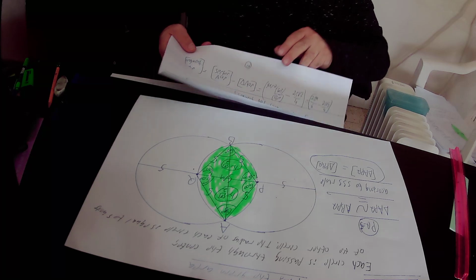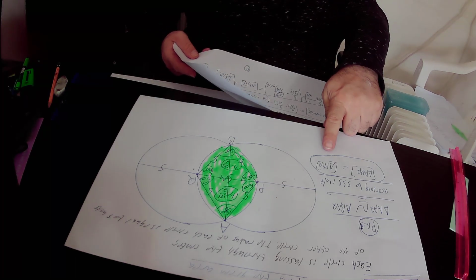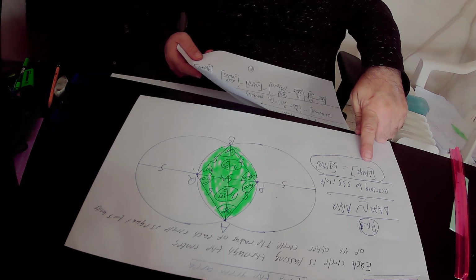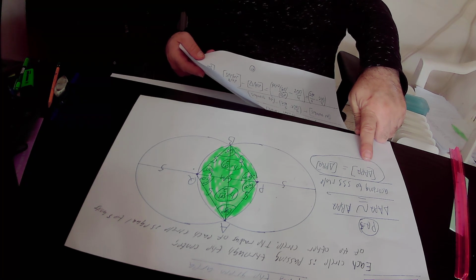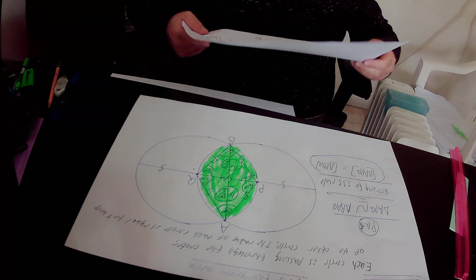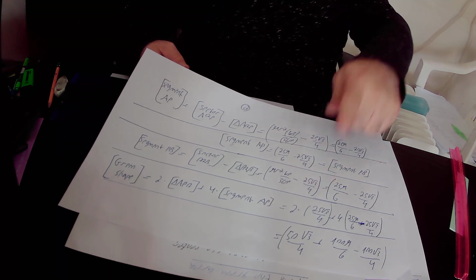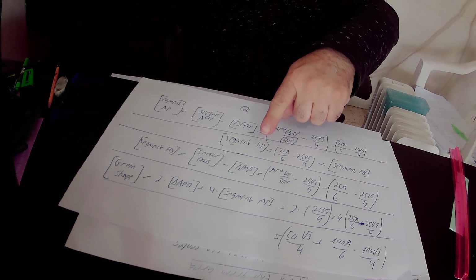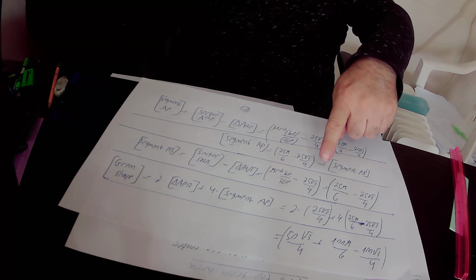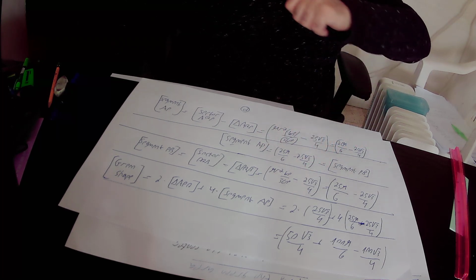We have already found out that the area of triangle PQB is equal to the area of triangle AQP. But the area of triangle AQP is equal to 25 times square root of 3 over 4. Therefore, the area of triangle PQB equals 25 times square root of 3 over 4.